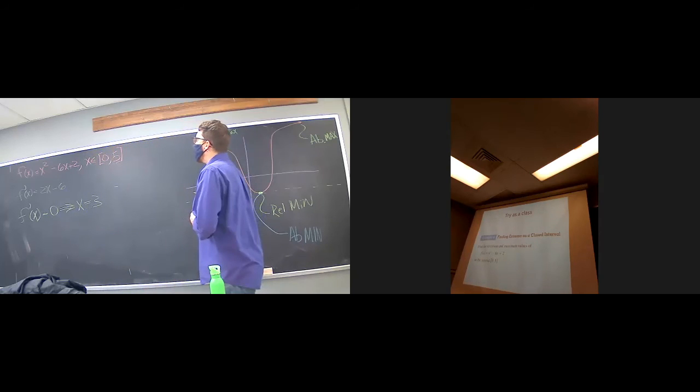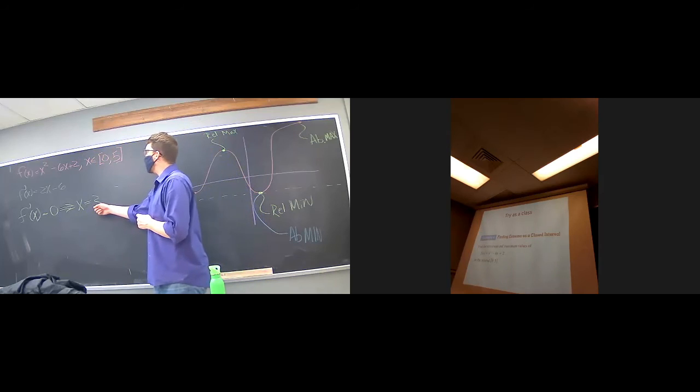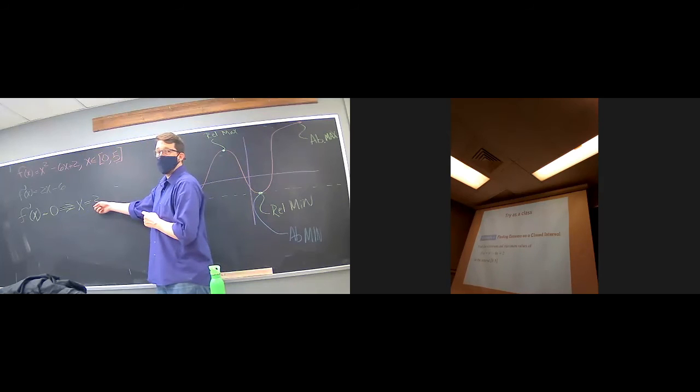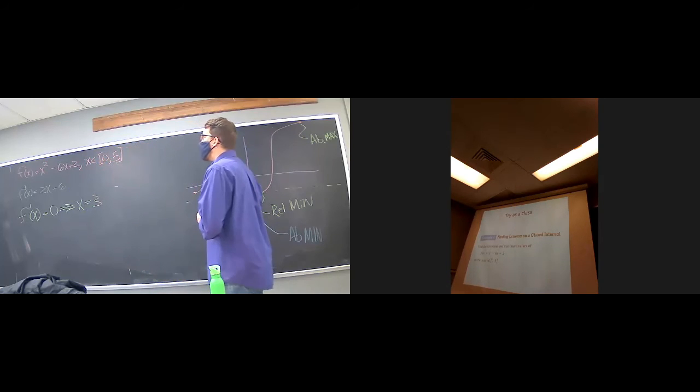So now what we want to do is check if this point is going to be a relative min or max, because this is our only critical number. Having said that, we know something about this function.